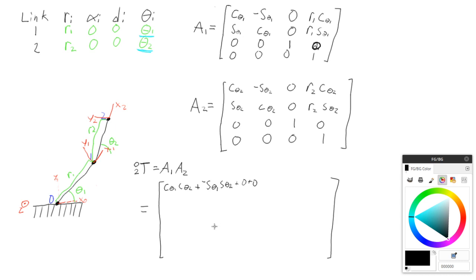And here's where things are going to be a little taxing, but hopefully we'll start to notice trends. We've got some trig stuff going on here. We've got cosine theta 1 times cosine theta 2 plus negative, or I guess we could say minus, sine theta 1 times sine theta 2. And as it turns out, this actually simplifies to the cosine of theta 1 plus theta 2.